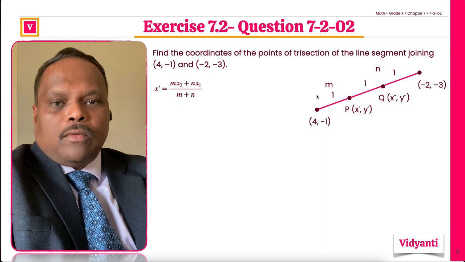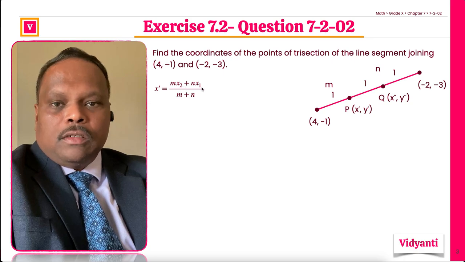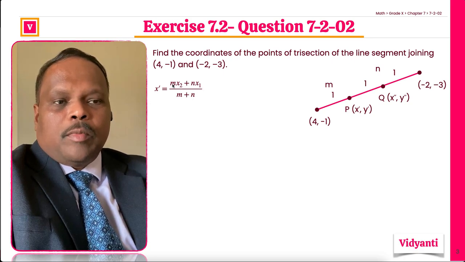So let's use the formula for the coordinates of the internal division: x' = (m x2 + n x1) divided by (m + n). Remember, it's a cross product: first number times x coordinate of the second, plus second number times x coordinate of the first.